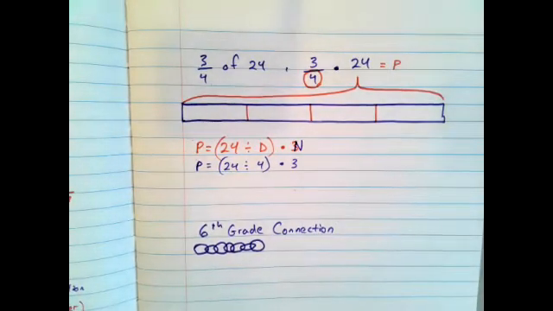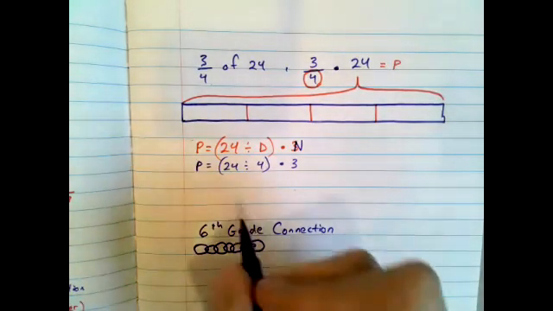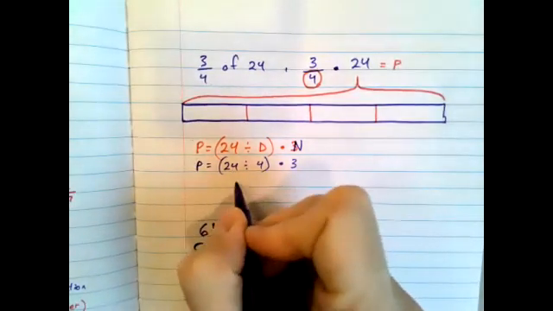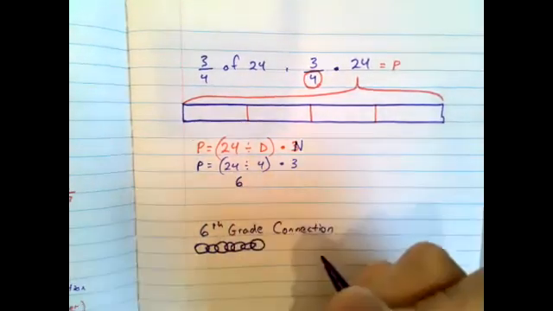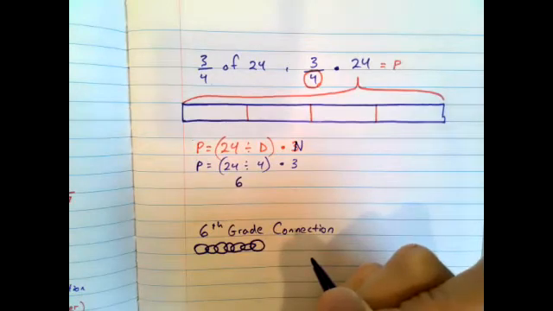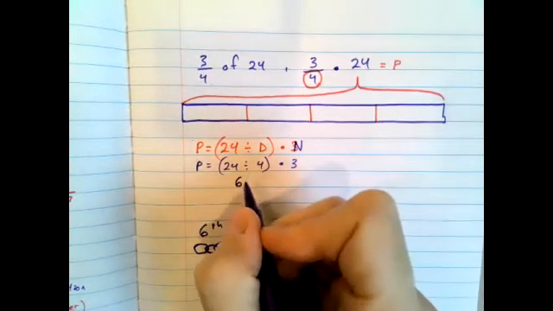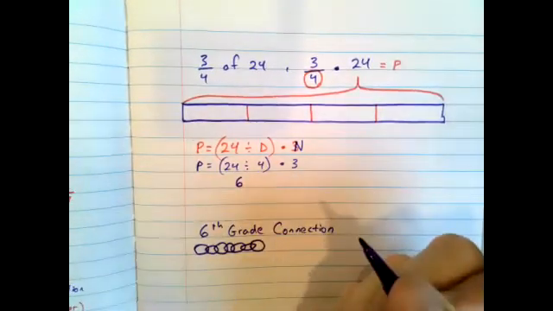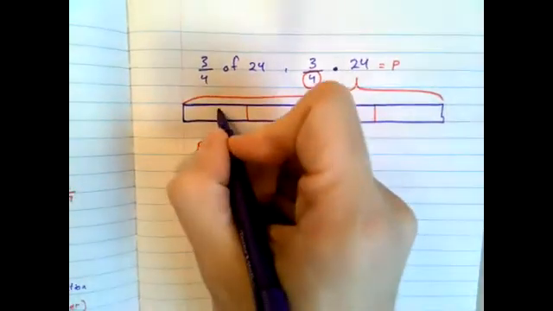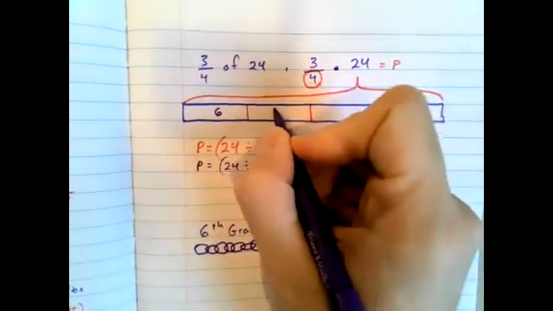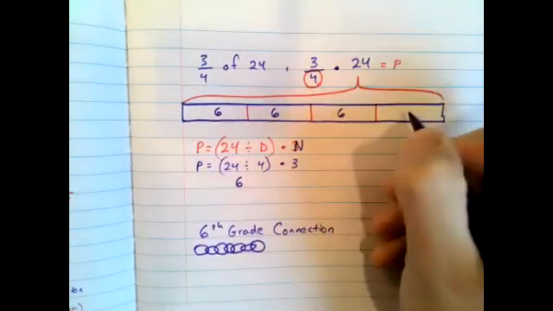24 divided by 4. How many 4s fit in there? 24 divided by 4 is 6. 6 times 4 is 24. So each one of these is 6. 6, 6, and 6.